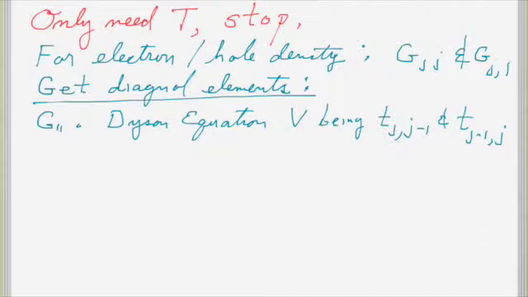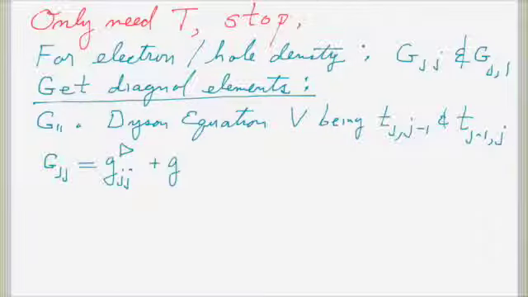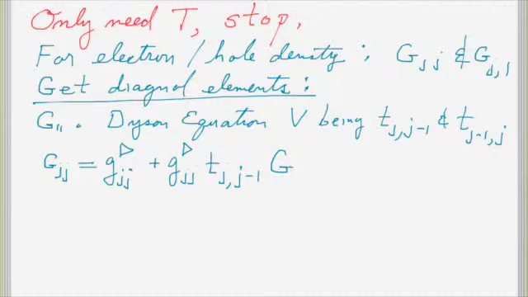So the generic equation to move this forward is: exact G JJ is equal to G right connected JJ, plus G right connected JJ, T J, J minus 1, exact G J minus 1, J, plus G right connected J, J minus 1, T J minus 1, J, and the exact G JJ.